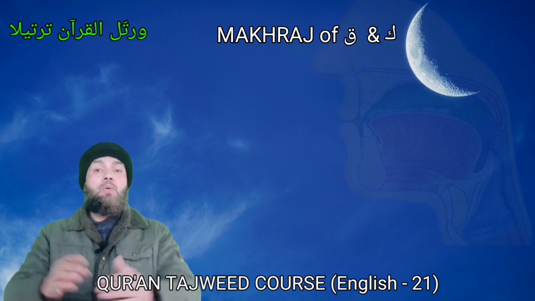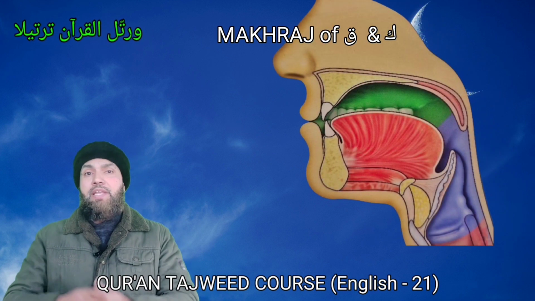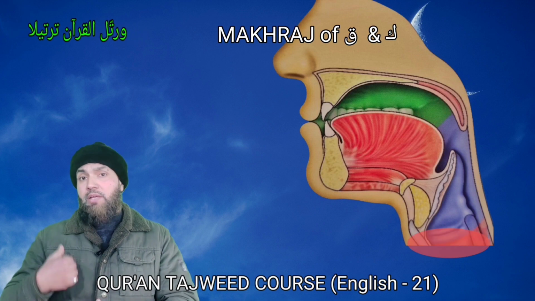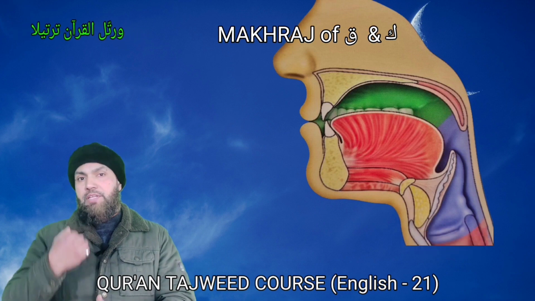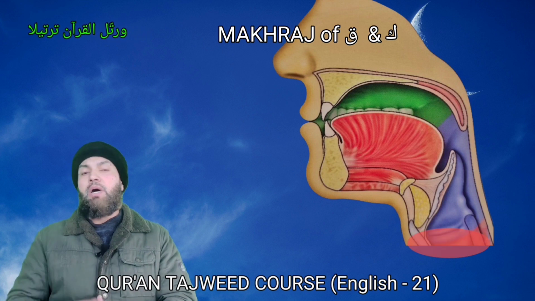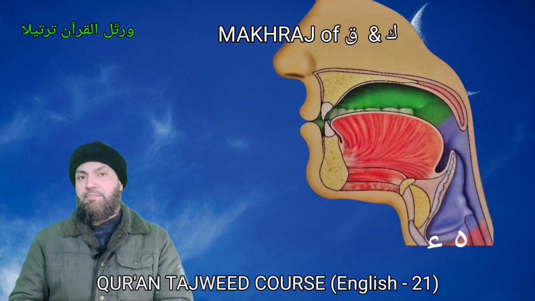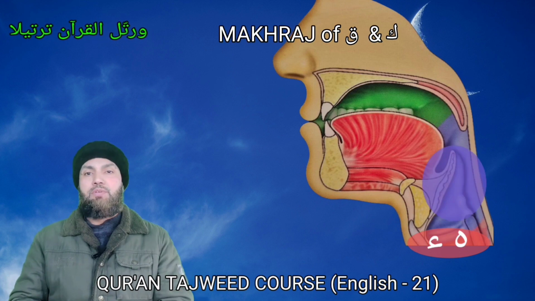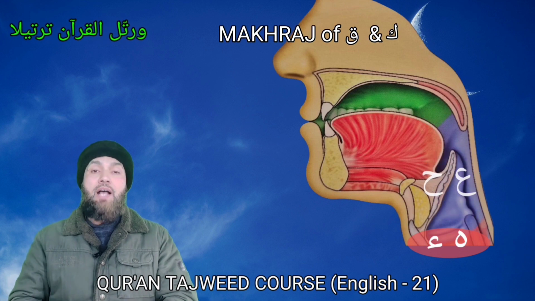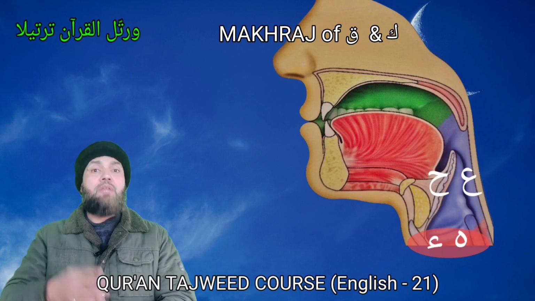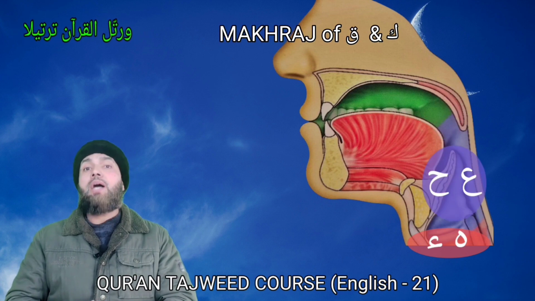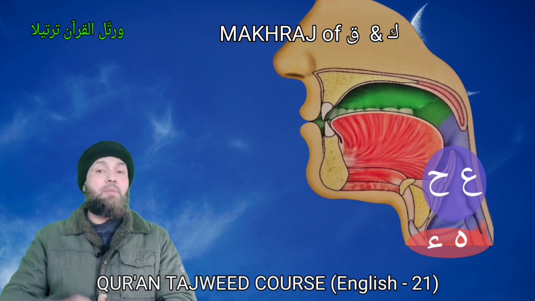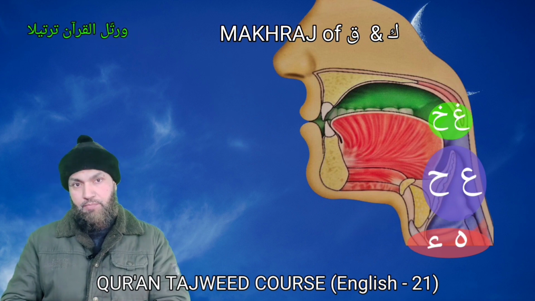Alright, we started learning MAKHRAJ, that is the articulation points of Arabic letters, from the deepest one, that is the Aqsa halaq, the deepest part of the throat, which is the MAKHRAJ of Hamza and Ha. Then we moved up to Wastul halaq, the mid-throat, which is the MAKHRAJ of Ha and Ain. Then we moved further up to Adna al-Halaq, that is the upper part of the throat, that is the MAKHRAJ of Kha and Ghain.